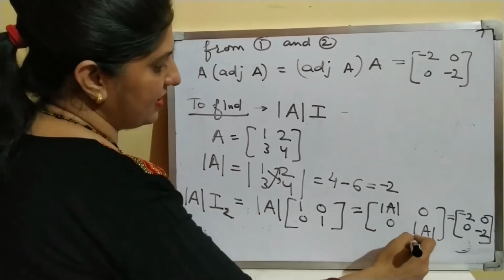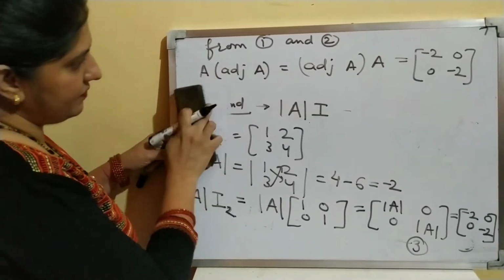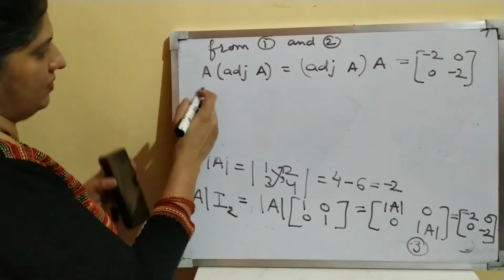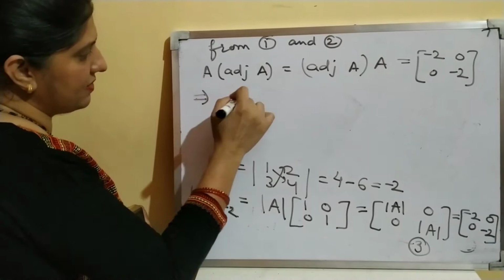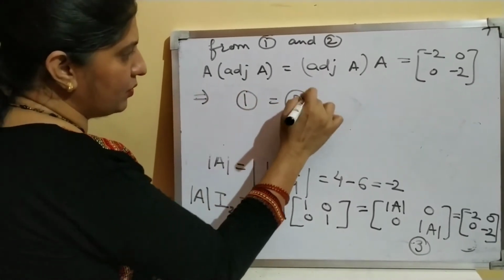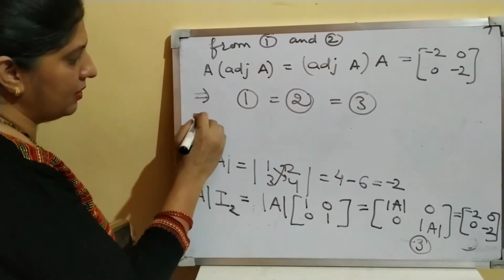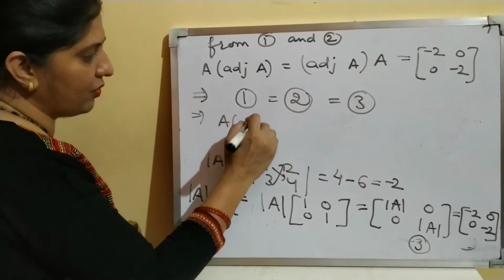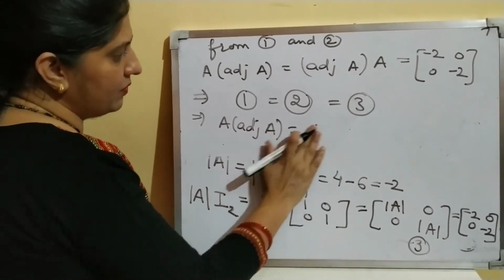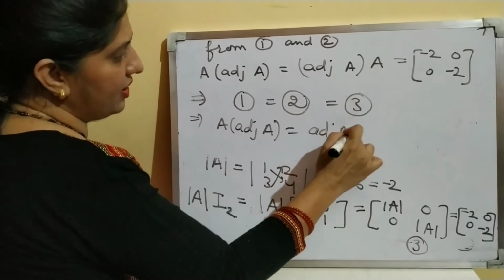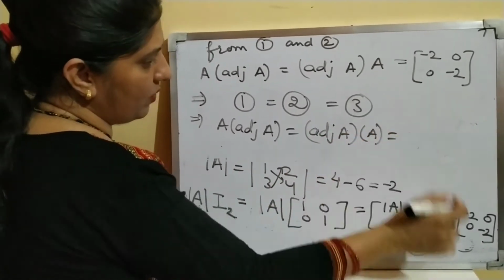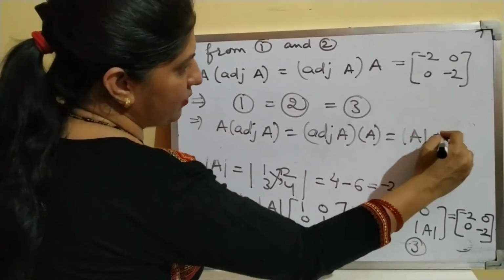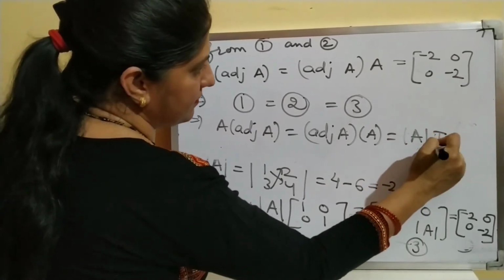So we can say that A into adjoint of A is equal to adjoint of A into A is equal to determinant of A into identity matrix.